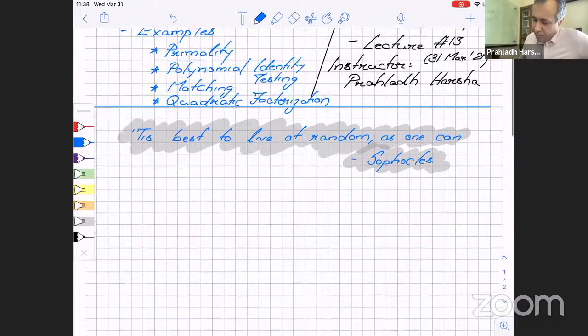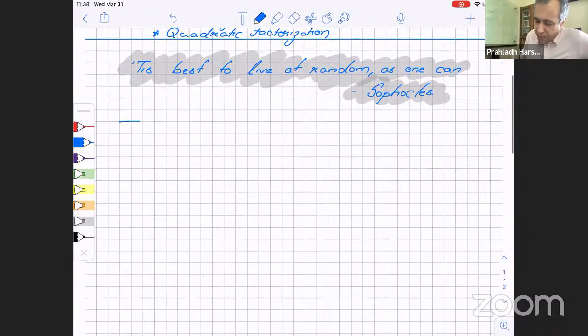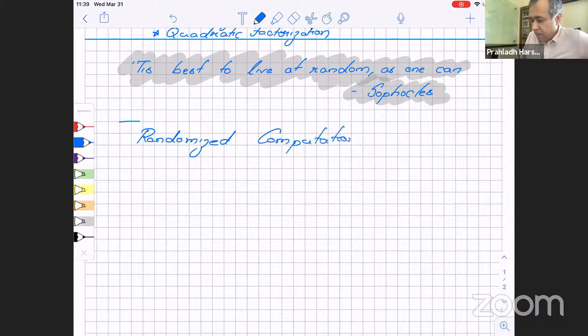So we're going to be working with randomized computation. I won't make any formal definitions. We'll just look at some motivating examples.